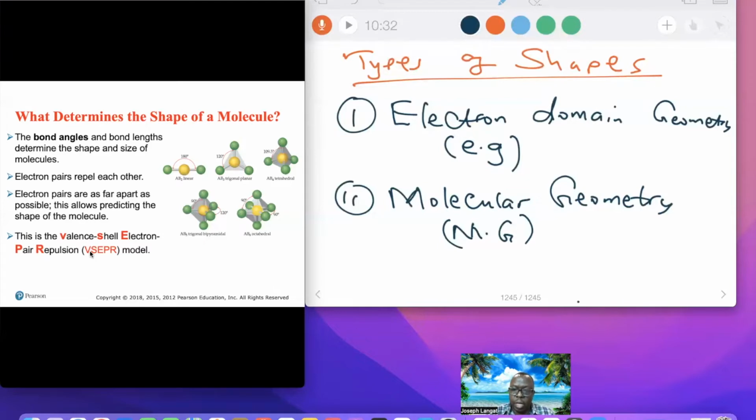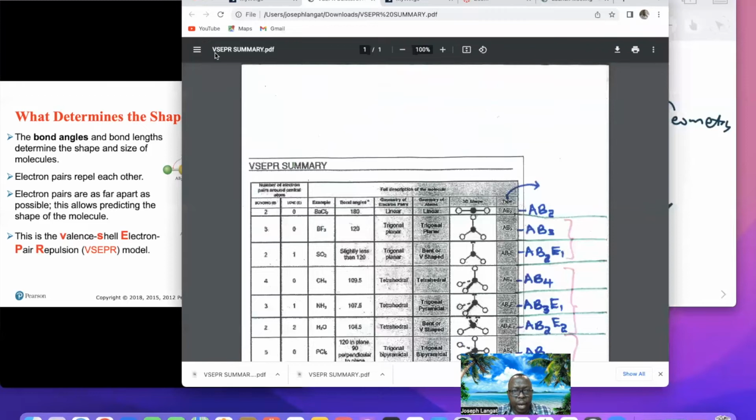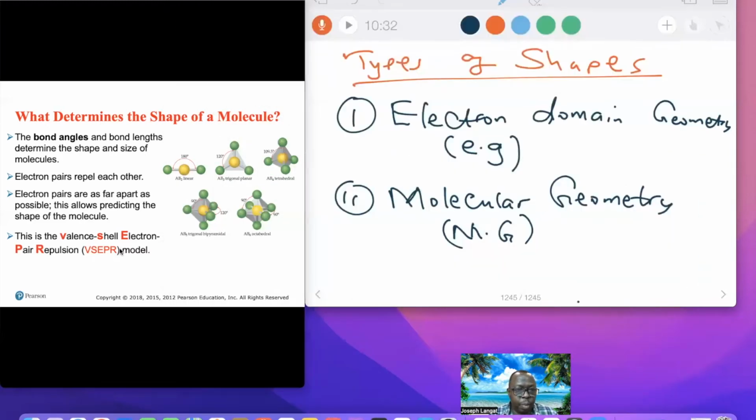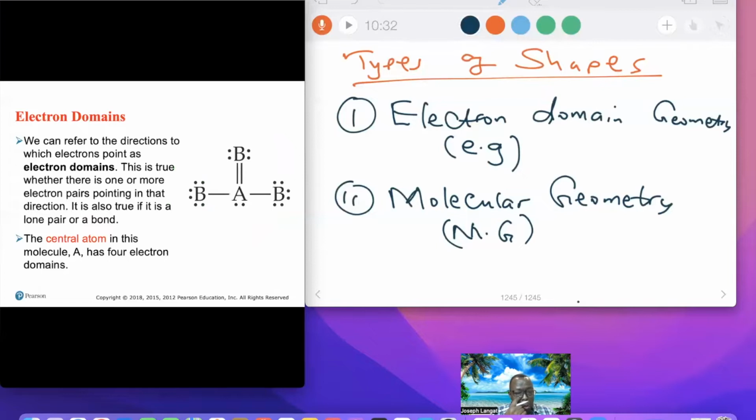You should know that, and you see this on the handout. It is the valence shell electron pair repulsion model, which you use to predict the shape of the molecule. And this model is grounded on understanding the Lewis structure.